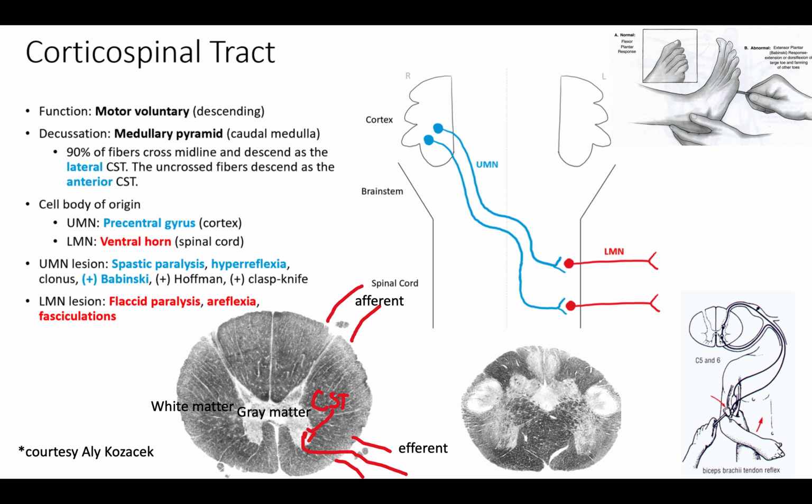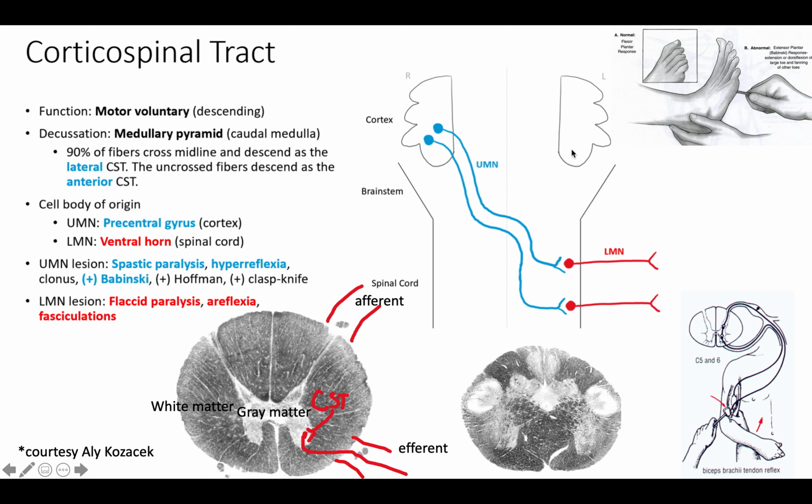So any sort of lesion, whether it be a growth, tumor, any sort of ischemic event, if it happens above the decussation site, where it crosses over, so any point above the medulla, is going to cause contralateral symptoms. Whenever it says contralateral, that means the lesion's here, but you're going to see symptoms on the opposite side, or on the left side.